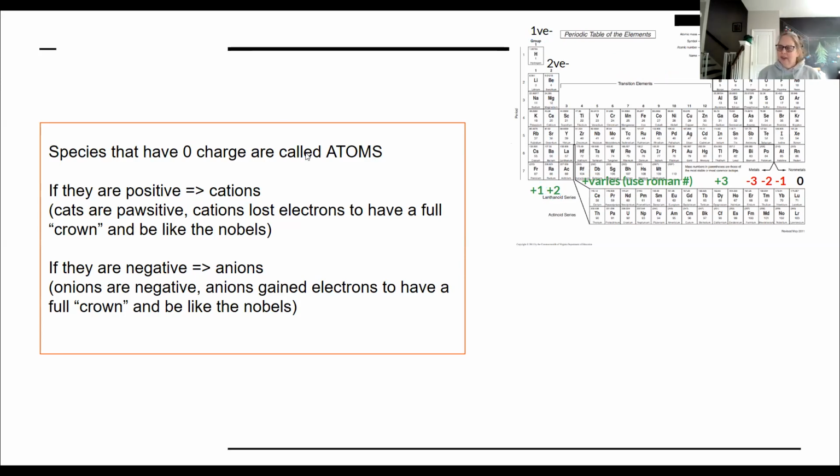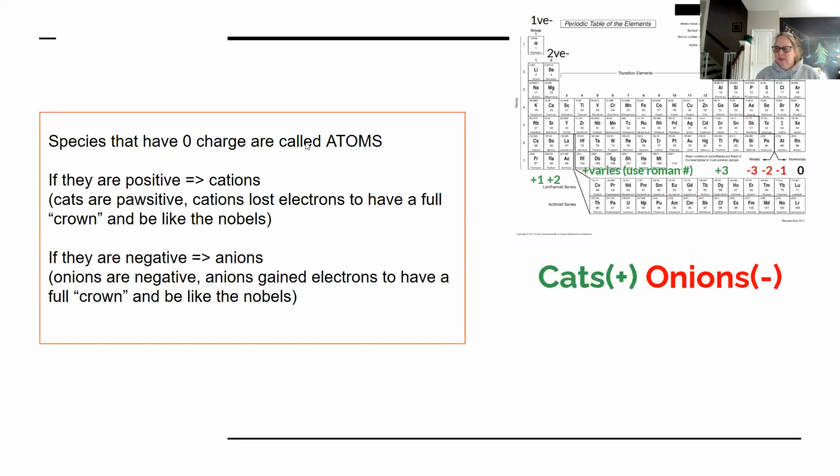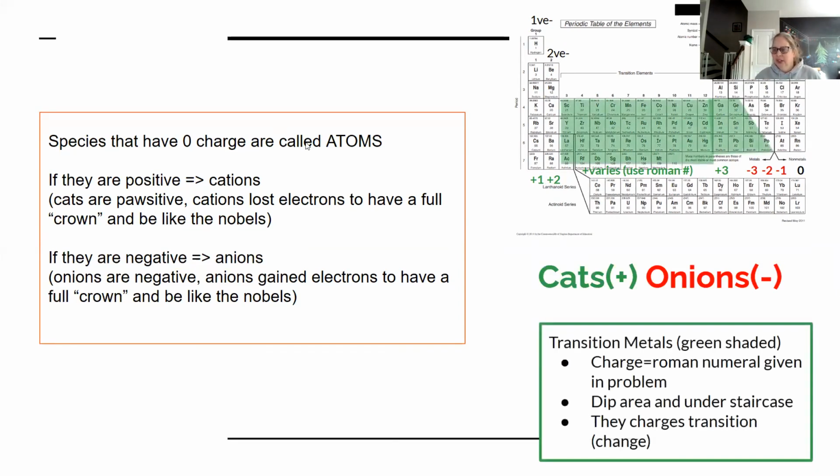Now there's a weird area in here. Why didn't I talk about 3 through 12? Because those guys are transition metals, so their charges change. And so you'll have to use Roman numerals with them, but that's another lesson. And just remember, green are the cations, and that does include group 1 and group 2 over here.